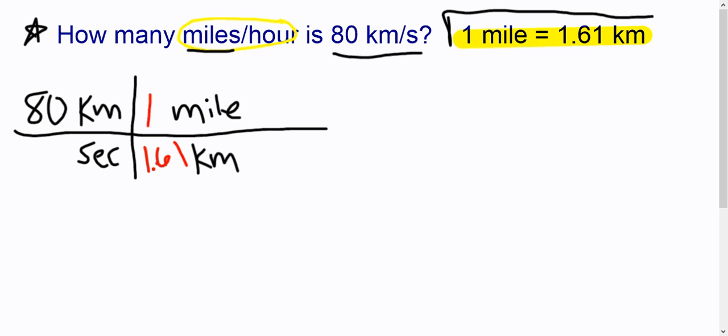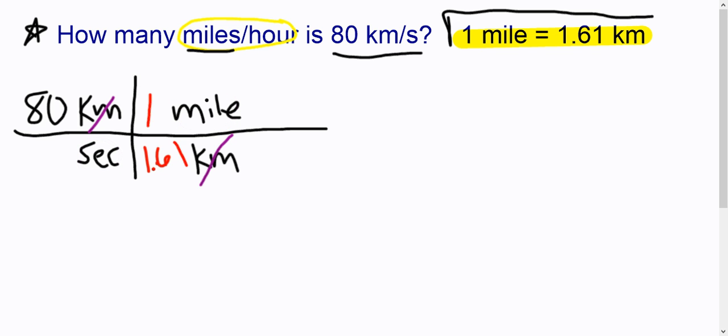Now, if I show what units have been canceled here, kilometers is going to cancel. If I solve this problem right now, the answer would be in miles per second. Okay, because those are the units that are not canceled. If I did the multiplication and division, I'm going to uncircle that because we don't want it in units of miles per second.